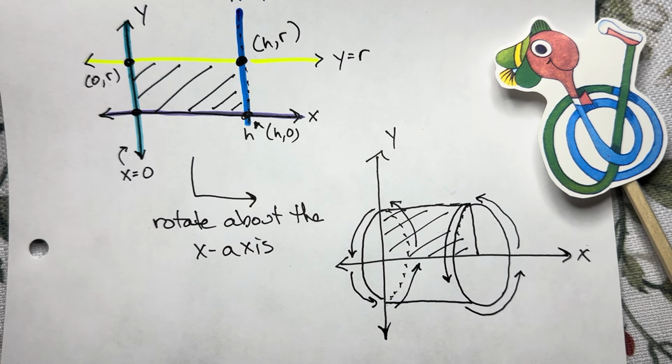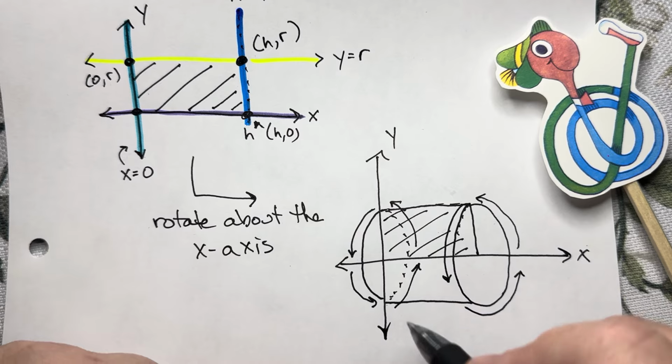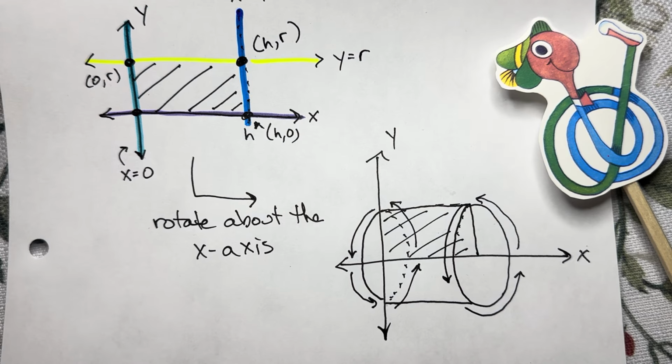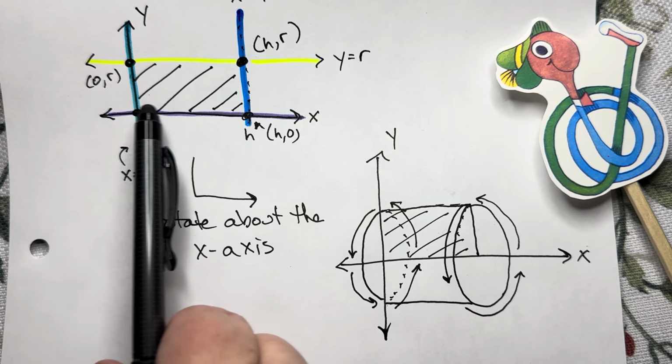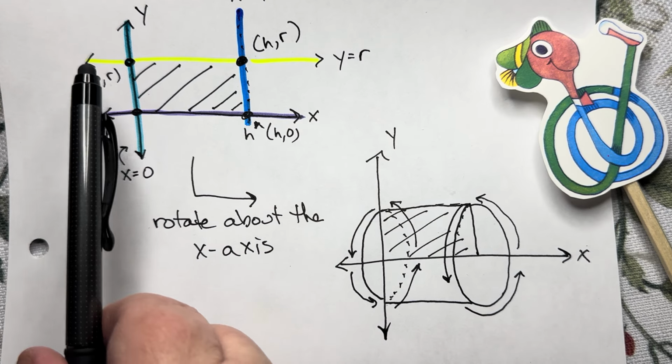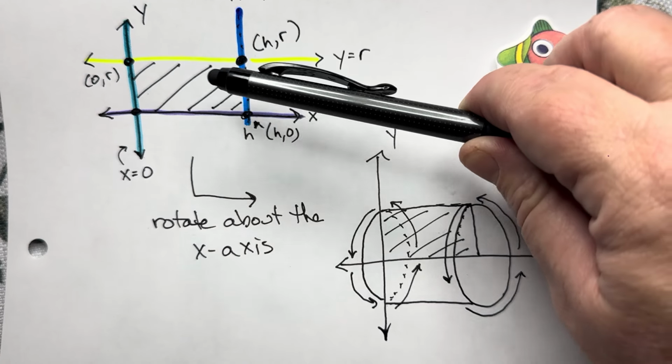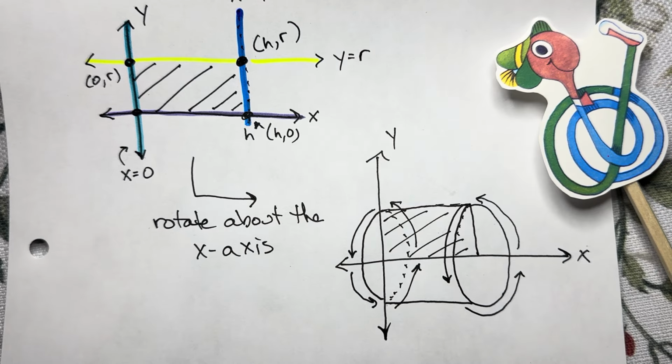Does that kind of make sense? So we're rotating it about the x-axis. Now, we could also rotate about the y-axis. Then it would go around this way instead of this way.